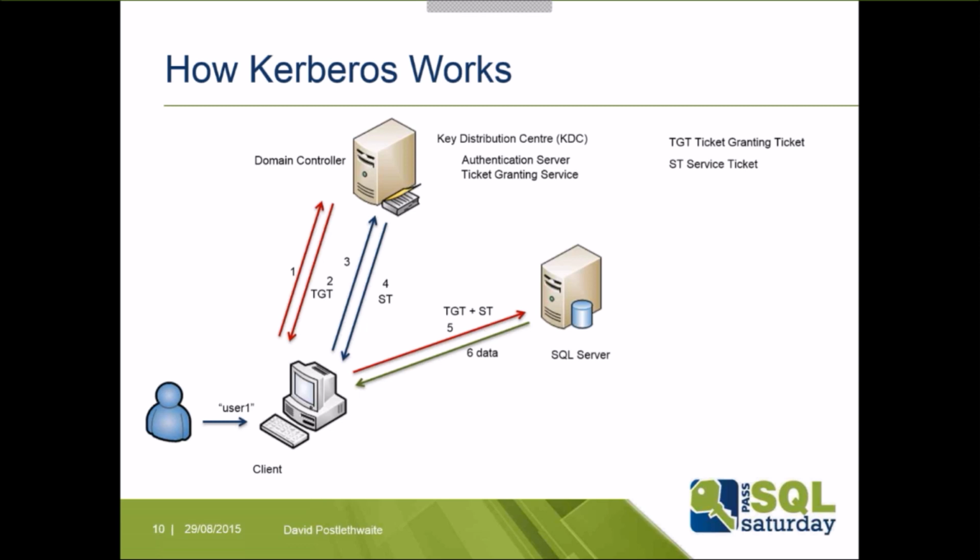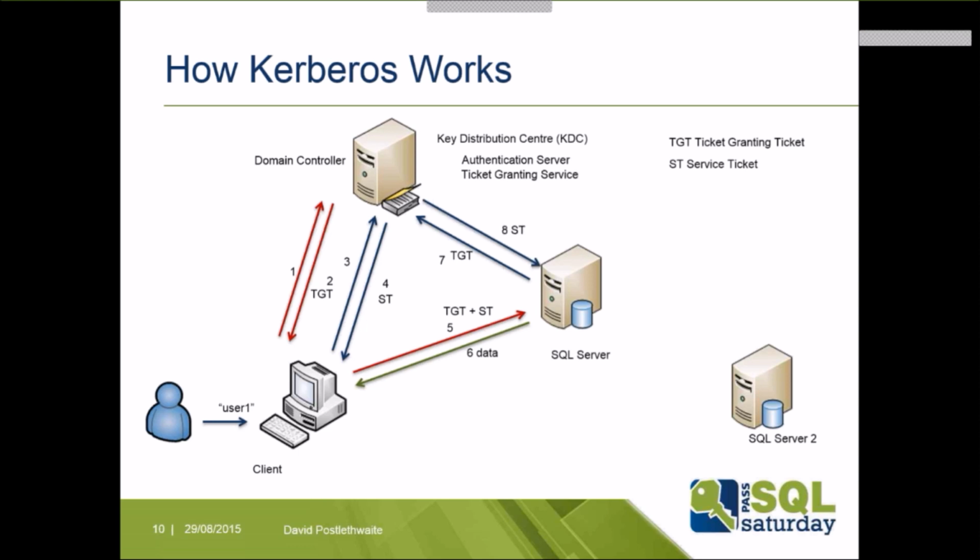When the SQL Server sees it needs to contact a second SQL Server, it uses the client's TGT to request a service ticket for that server from the KDC. With this service ticket, the SQL Server can now connect to the second SQL Server using the client's credentials. The SQL Server can now return data to the client.